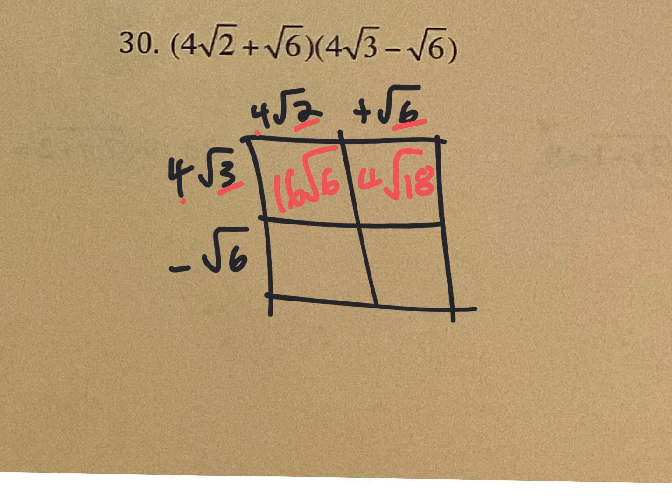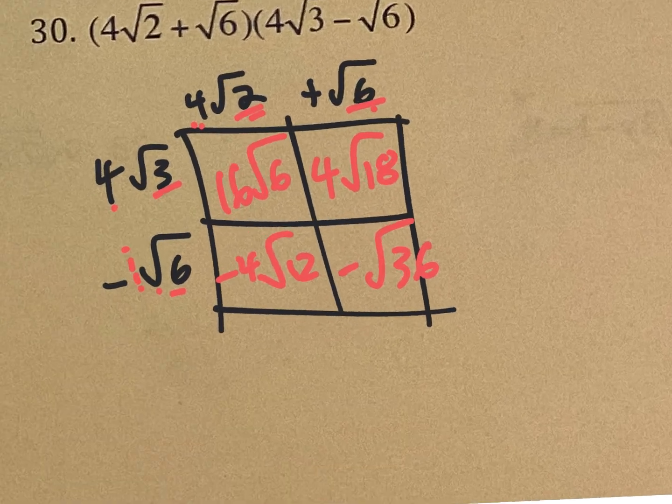Now bottom left box, 6 and 2 is 12. And 4 and basically negative 1 would give me negative 4. Bottom right box, positive times a negative. 6 and 6 is 36.